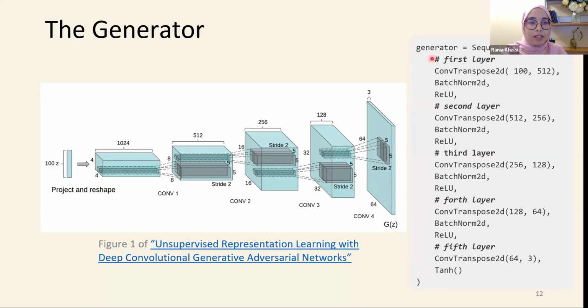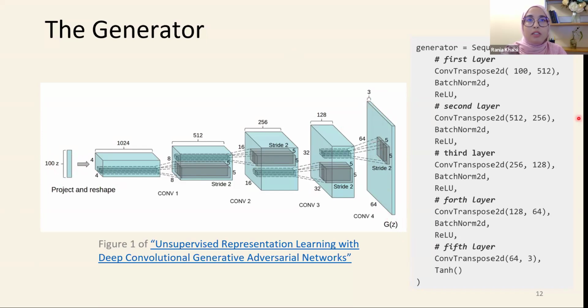The difference here is that instead of using the convolutional operation, we are using the ConvTranspose2D, which is the transpose of the convolutional operation. In this case, we are moving from this space towards the higher dimension space.